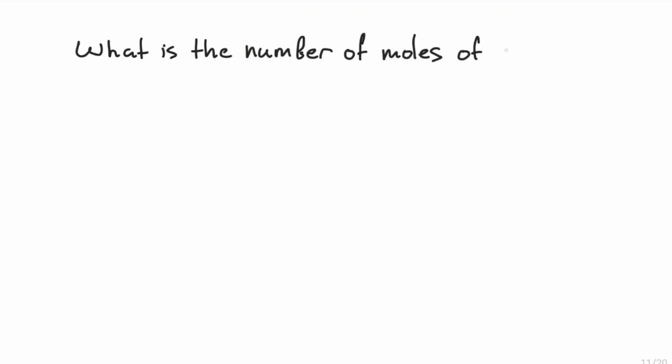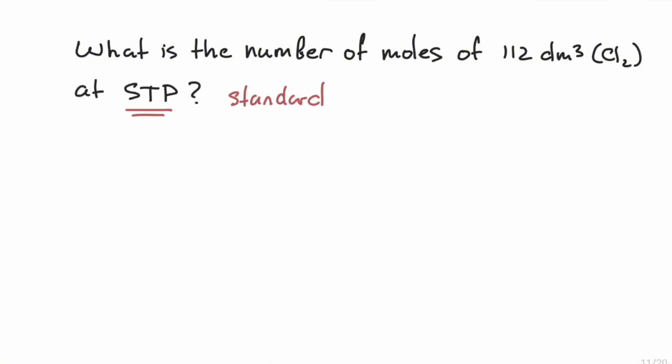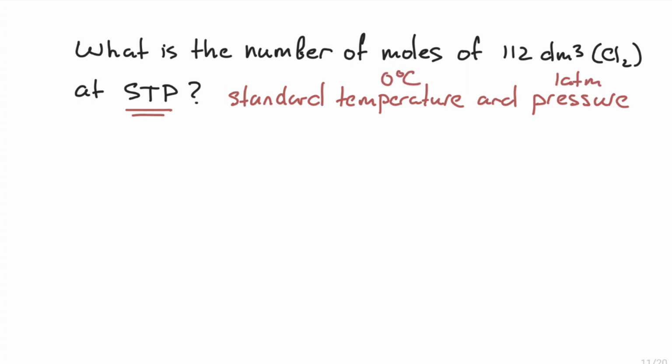And the last question for today. What is the number of moles of 112 decimeter cube of chlorine gas at standard temperature and pressure? So it's a hint here that you will use the third formula, because at 0 degrees and 1 atmosphere, you will use only the third formula.